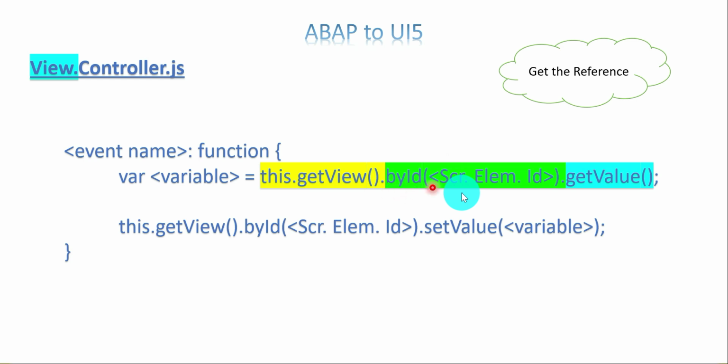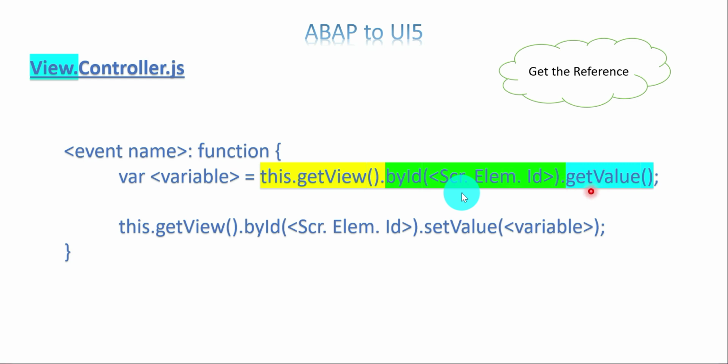The I is capital. Once you get the reference of the screen element, what do you want? You want a get value, or a set value, or something you want to perform. Based on that, the method is determined. So I want to get the value of the screen element, so I have to write this code. This dot getView is a method to get the reference of the view, and then get the reference of the particular screen element, and from there get the value of the screen element.